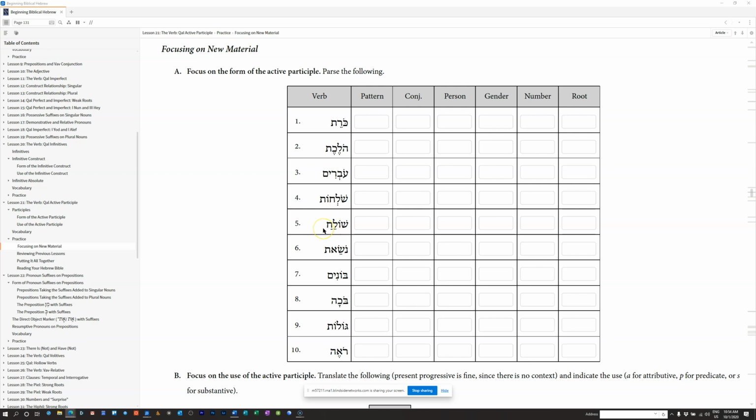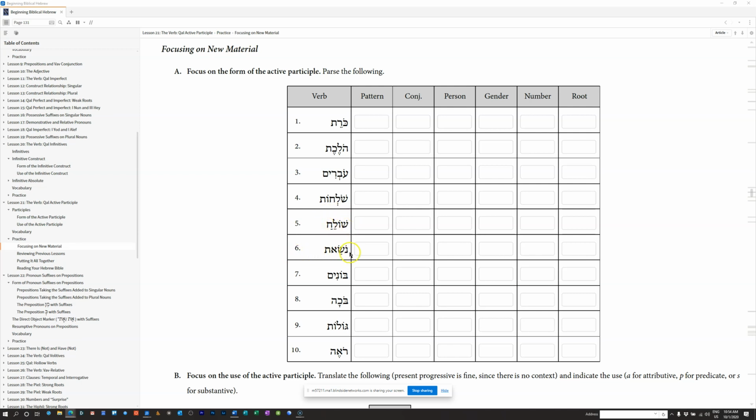These gutturals really prefer to have an A-class vowel, and so this is what we call the furtive patach, which kind of sneaks in there. But we've still got our holem, or holem-vav in this case, R1 vowel, and our sere theme vowel, that O-E pattern that tells us that we've got a masculine singular, even though we've got that patach there, that's just because of the chet. All right, so we've got a masculine singular from shalach.